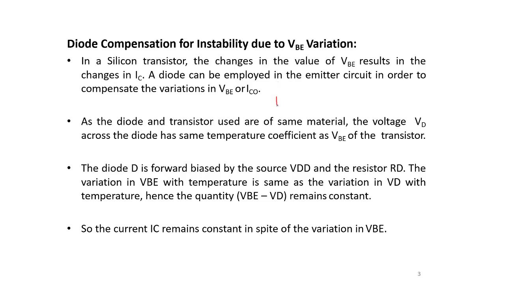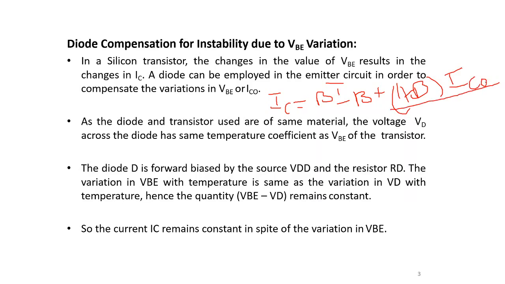When it comes to the transistor, IC will be equal to beta times IB plus the reverse saturation current, which can be written as 1 plus beta times IC0. So IC equals beta times IB plus 1 plus beta times IC0.